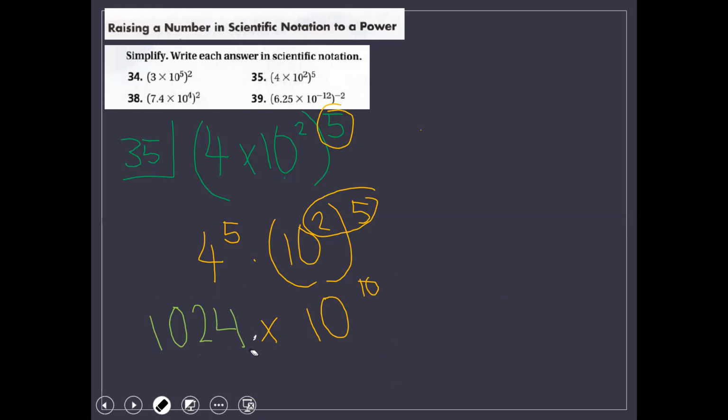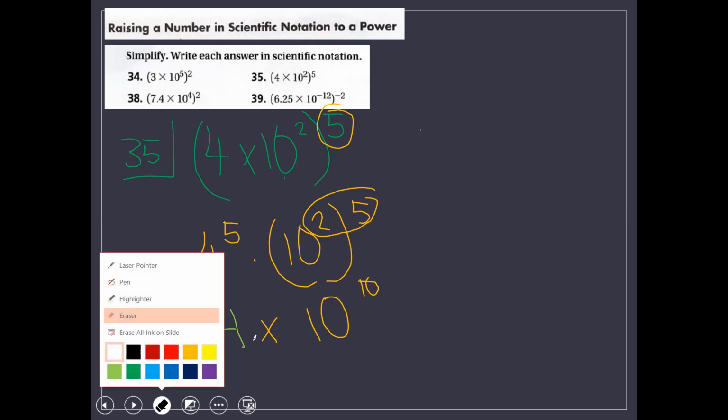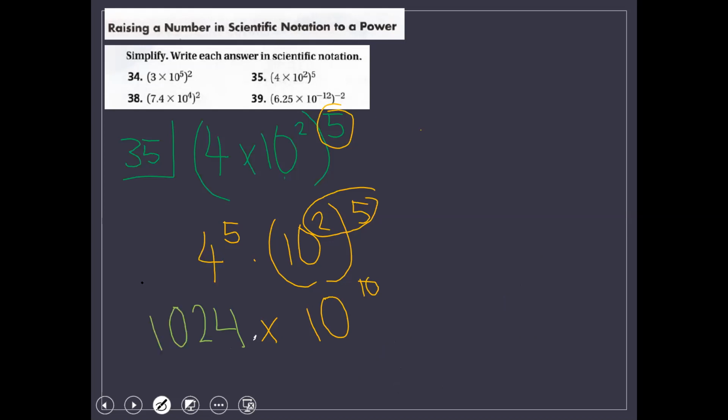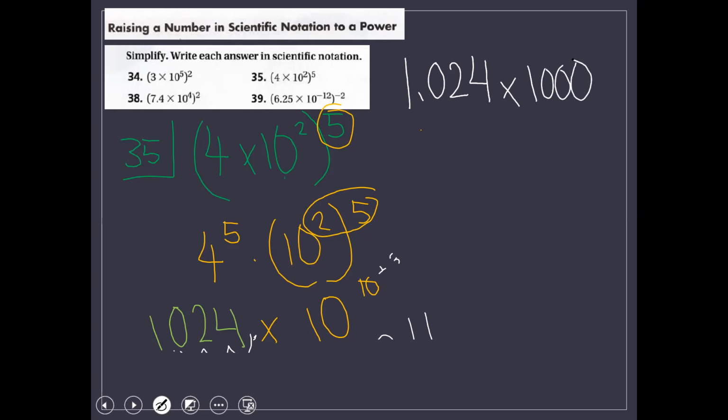To make it easier for you, this one, I can rewrite it as 0.24 multiplied by 1000. Is it right? Look here, if you want to move this decimal point three decimals or 3 digits, you will add.